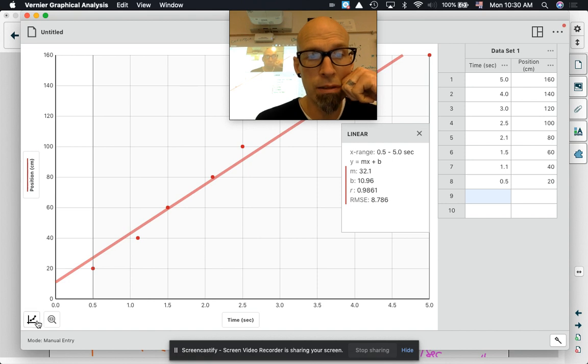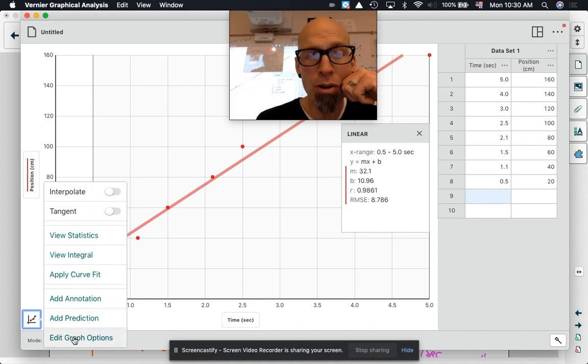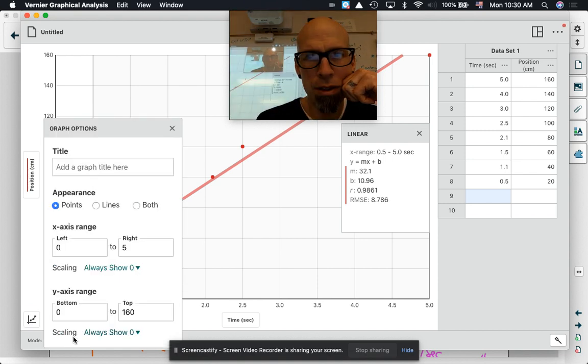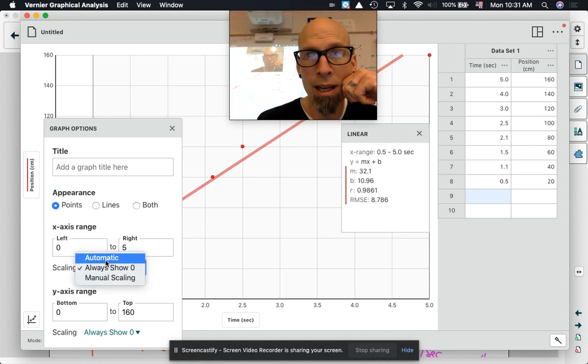when you do this, you need to go down here to the graph tools, bottom left corner, click on that. You need to edit graph options, which I don't know if I put this in the last video or not. And you need to click on the always show 0. It's probably going to be set to automatic. You need it to be always show 0, on both axes.